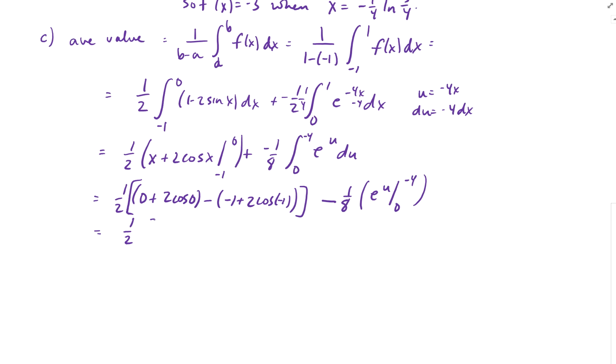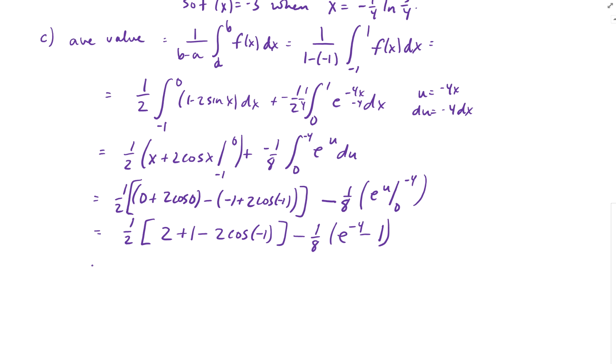Just got to be careful on these so you don't go too fast. Cosine of 0 is 1, so it's going to be 2. Cosine of negative 1, just leave it. So it'll be 2, and this will be plus 1 minus 2 cosine of negative 1. It's not a calculator problem, so we leave it there. And then this becomes minus 1/8 e to the negative 4 minus e to the 0.